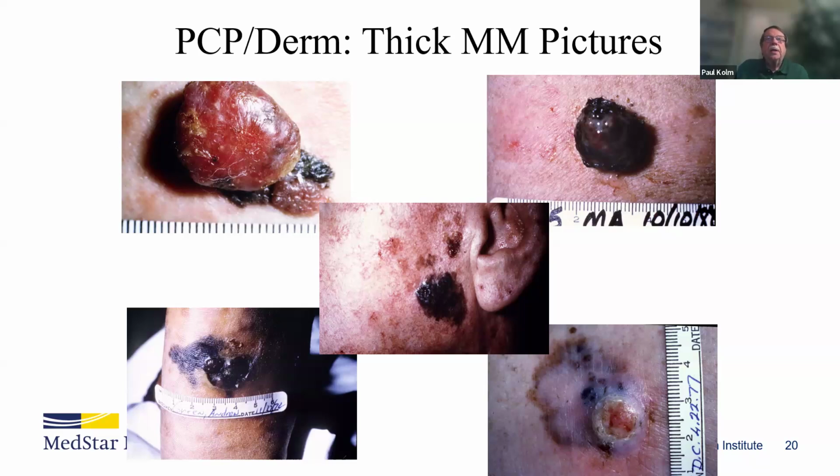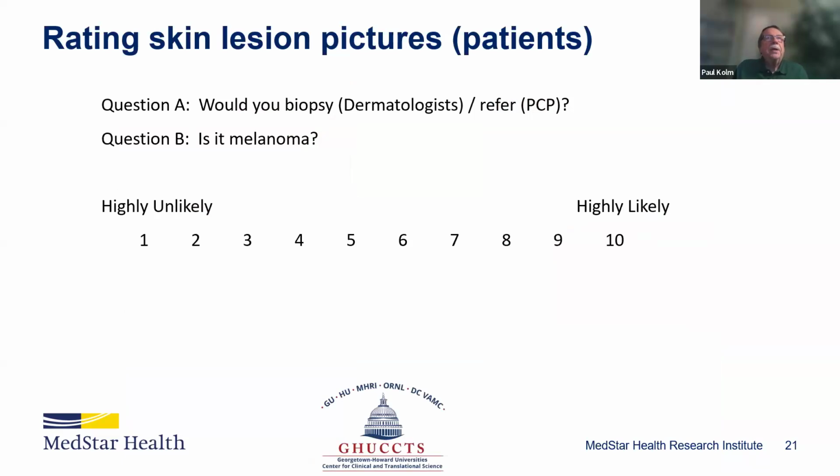And so in this case, there are 30 pictures or 30 patients of melanoma or possible melanoma lesions. And so the raters are going to rate each of the patients, in other words, the pictures, on a 10-point scale from highly unlikely to highly likely.